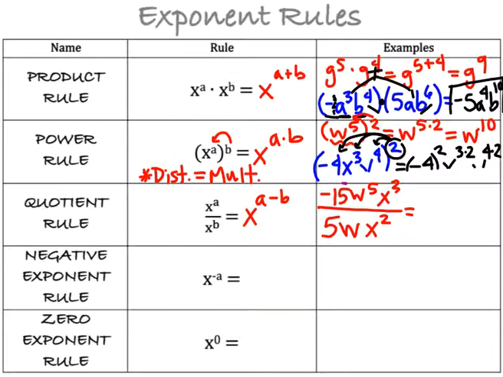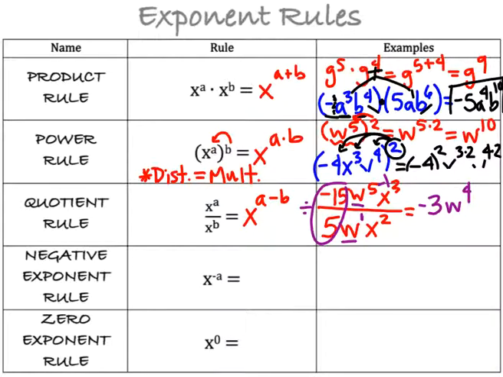So taking that -15 divided by 5, those coefficients, we just want to divide like normal numbers. We end up with -3. Now look at your like bases. I've got w to the 5th all over w. Remember, hiding there is w to the 1st power. So we can subtract those exponents, 5 minus 1, and we end up with w to the 4th power.